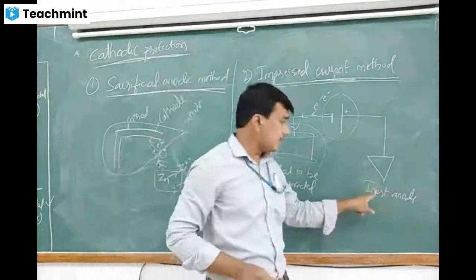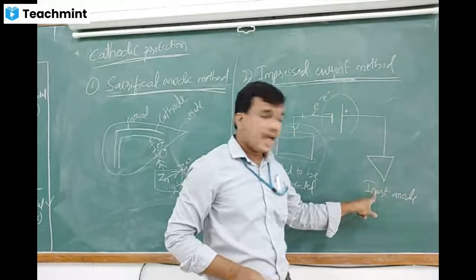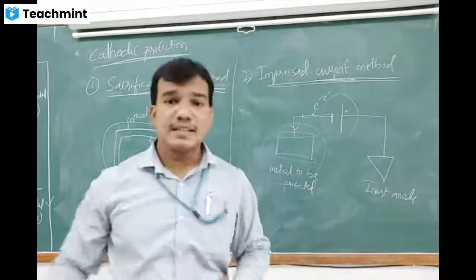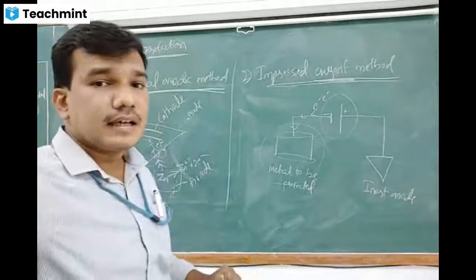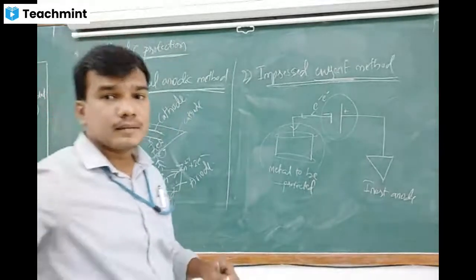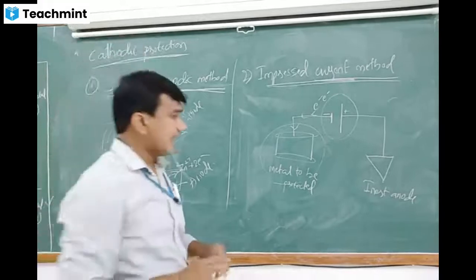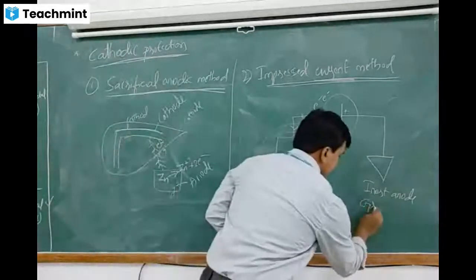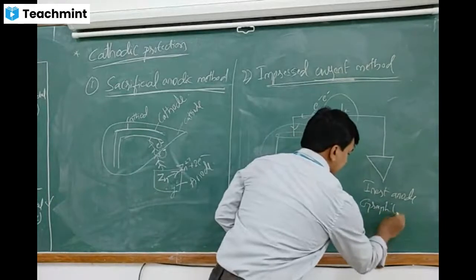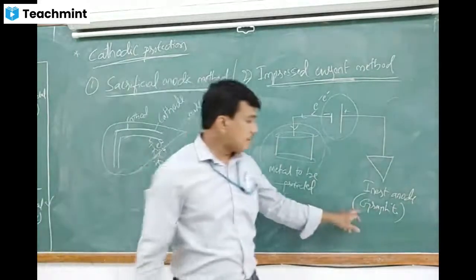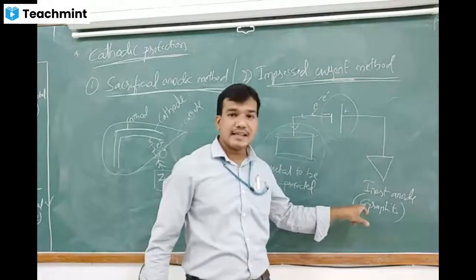So here, which one is acting as anode? The inert metals. We can use graphite as the inert metal, which is acting as anode.